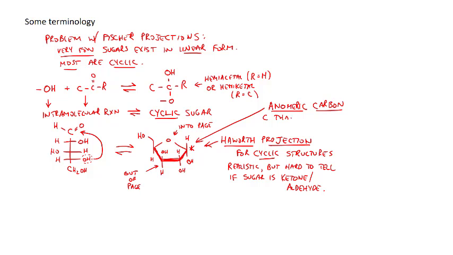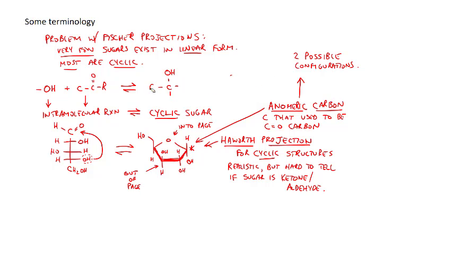That's the carbon that used to be the carbonyl carbon. And the anomeric carbon is important because the anomeric carbon has two possible configurations for a given sugar. All right, two possible configurations for a given sugar.